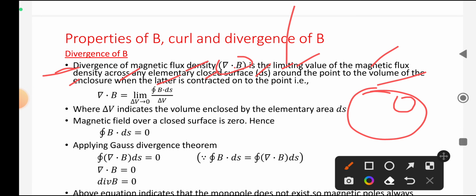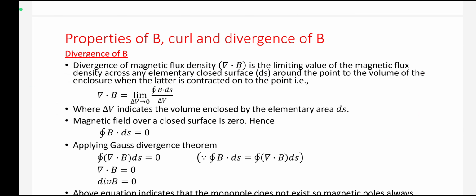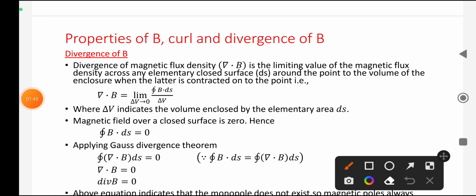So del dot B is the limit of integral B dot ds by del V. Del V is the volume of enclosure or considered enclosure.